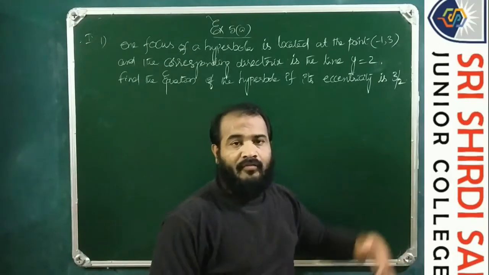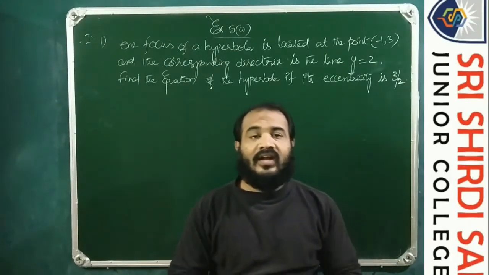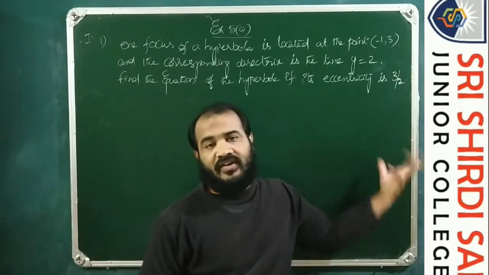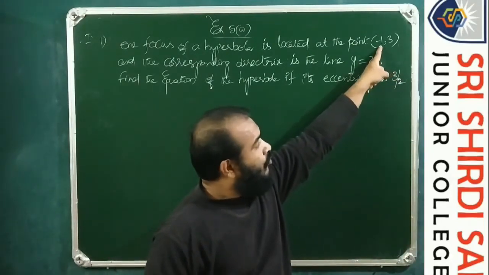We have already discussed that the eccentricity of a hyperbola is greater than 1. 3 by 2 is obviously greater than 1. So therefore, in the question the focus is given.